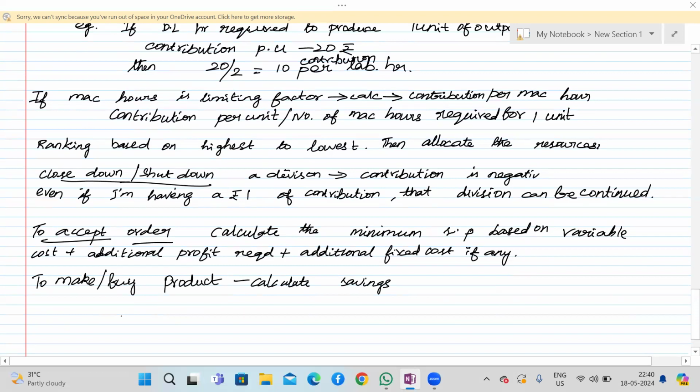If the savings is more, I can buy the product. That means here savings is equal to making cost that pertains to variable cost, minus my purchase cost. This will be my savings.